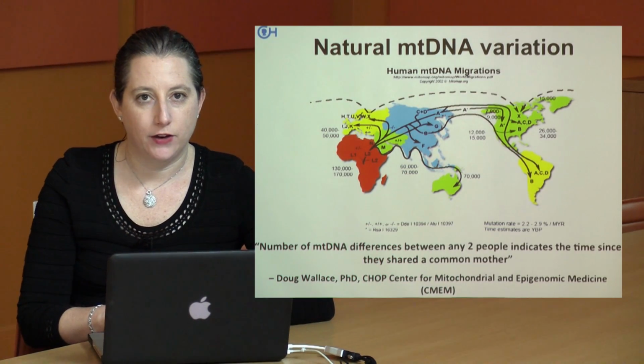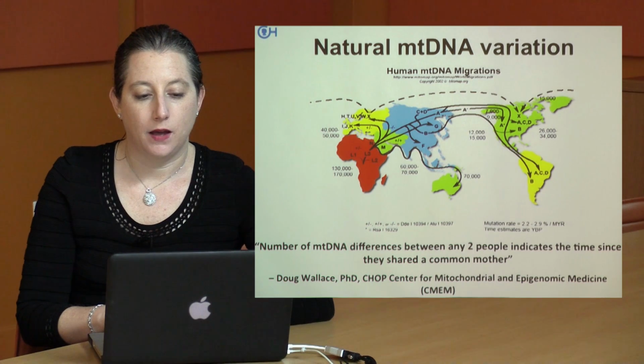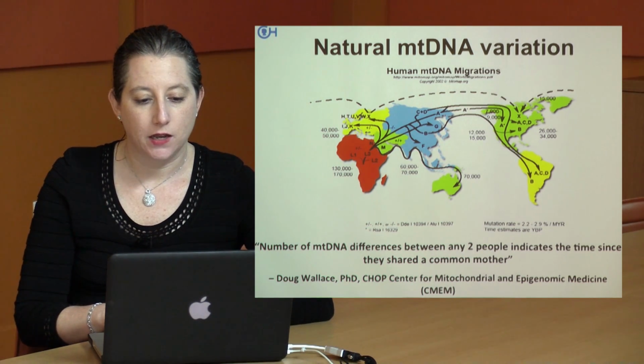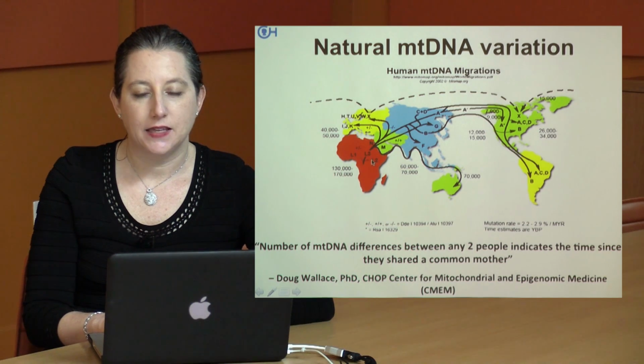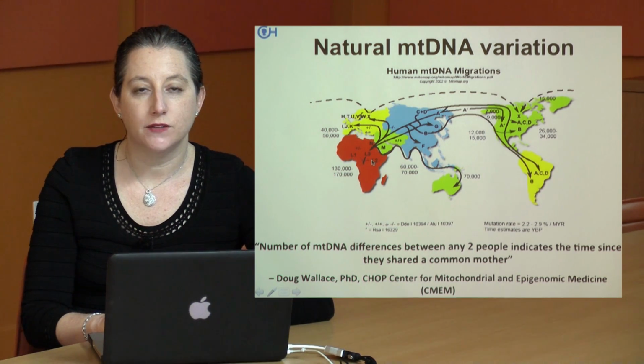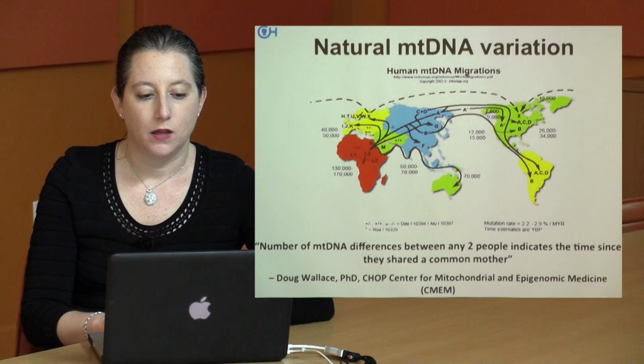When we think about mitochondrial DNA, there are some key unique features about it. Mitochondrial DNA can be used to track migrations of human populations over time.